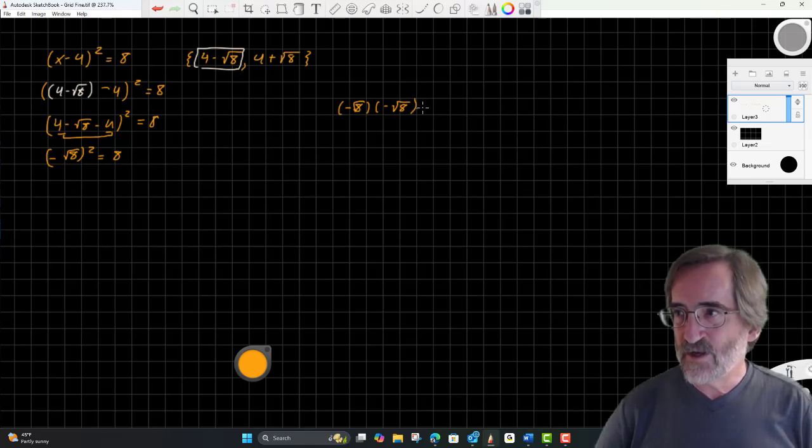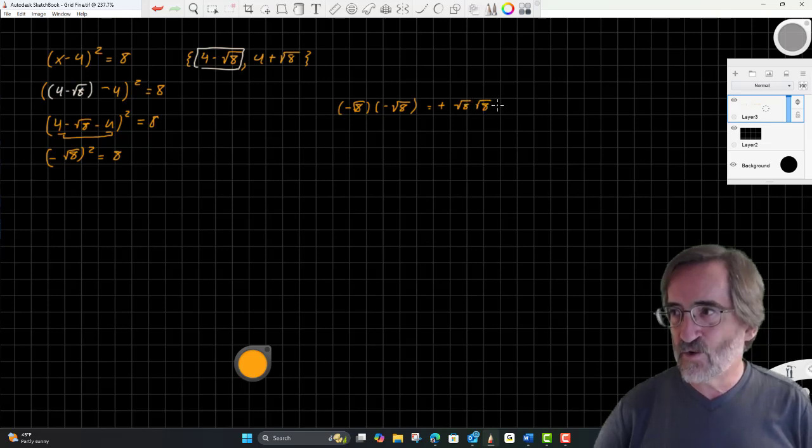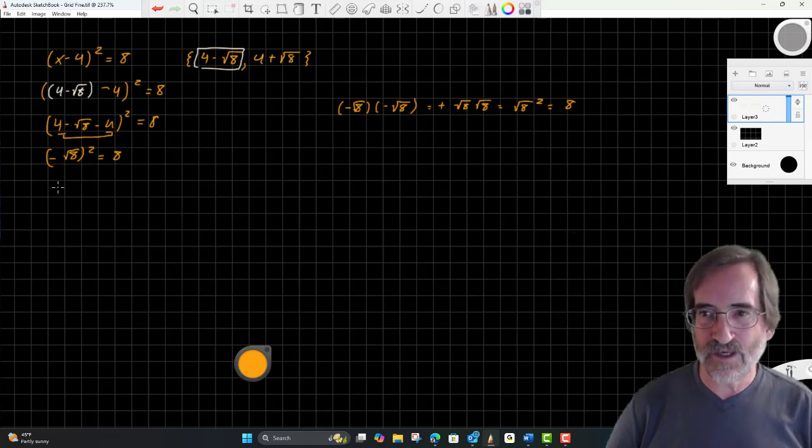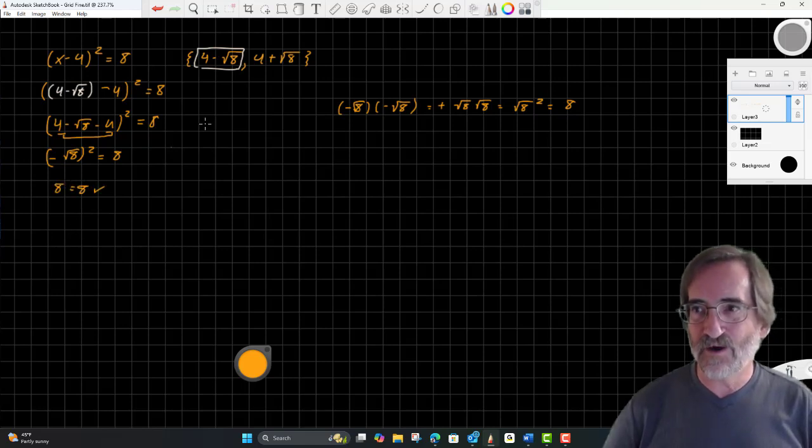A negative times a negative is a positive. Root 8 times root 8 is root 8 squared. And squaring and square roots are just the opposite of each other. It is just 8. Any square root times itself is itself. And root 8 times root 8 is 8. So 8 equals 8, and that checks out.